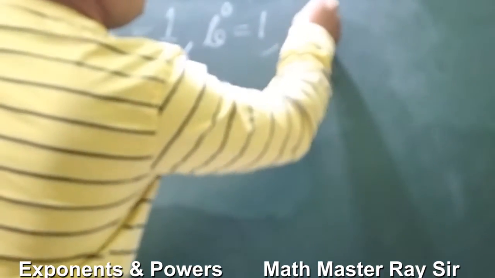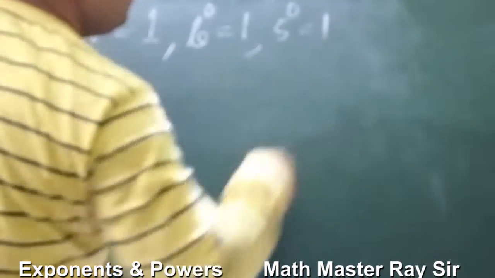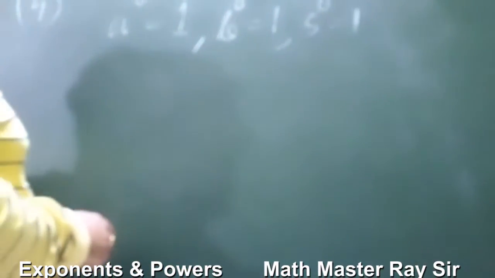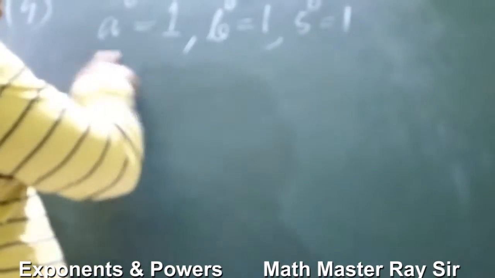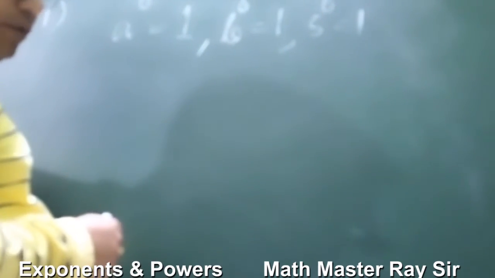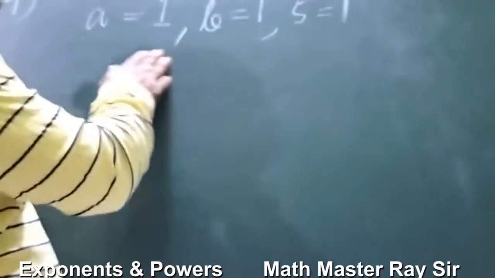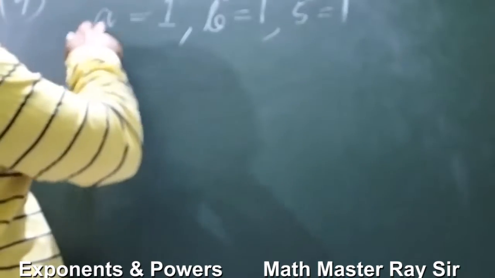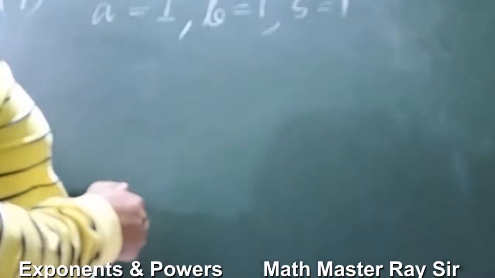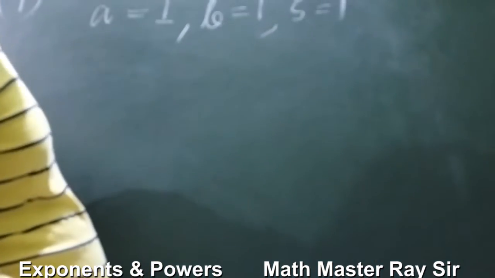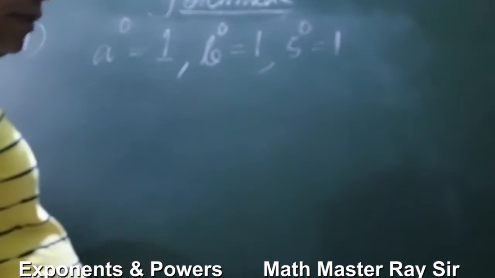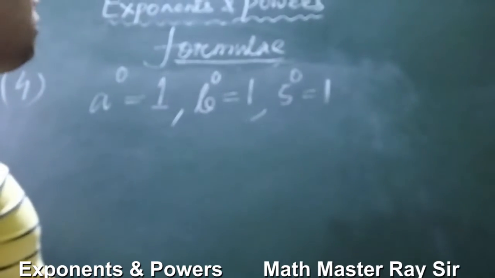You can write 5 to the power 0, that is also 1. However, we'll do the questions, solving the questions. I will explain how a to the power 0 becomes 1, or any number to the power 0 becomes 1, while doing the sums given in the book.